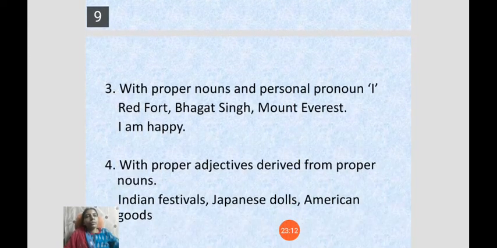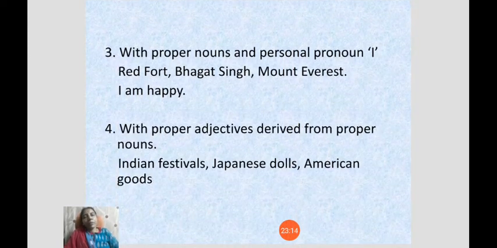Now look at something more: proper nouns and personal pronoun. What are proper nouns? The name of a person, place, thing. Those are proper nouns. Here we have taken the example of Red Fort.